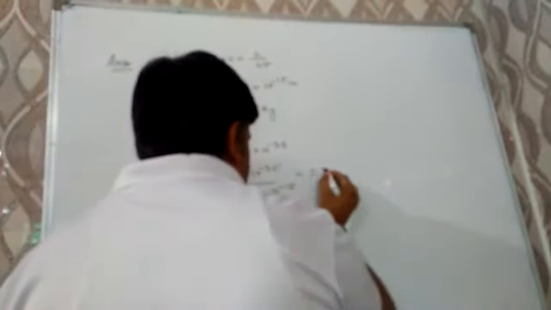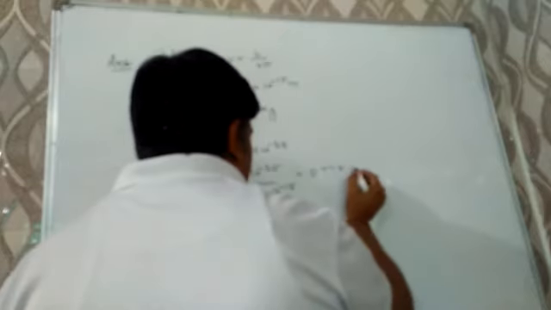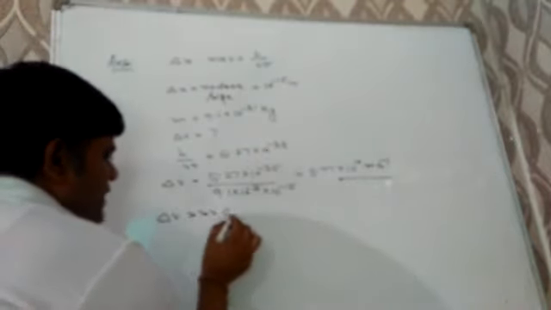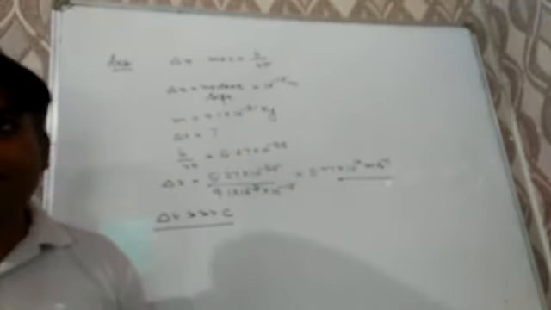And that value comes out to be 5.77 into 10 to the power 10 meter per second, which is very much greater than the velocity of light.